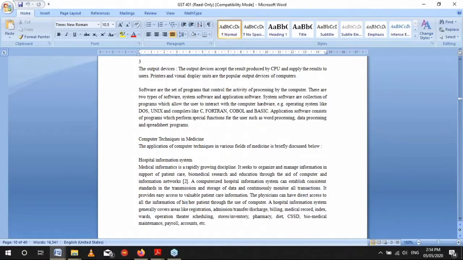But you need to understand it theoretically and understand the constituents, the units, and everything we are talking about under this computer system. Now, software, like I said, are the set of programs that control the activity of processing by the computer.